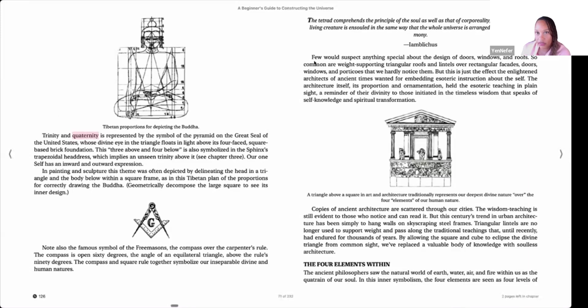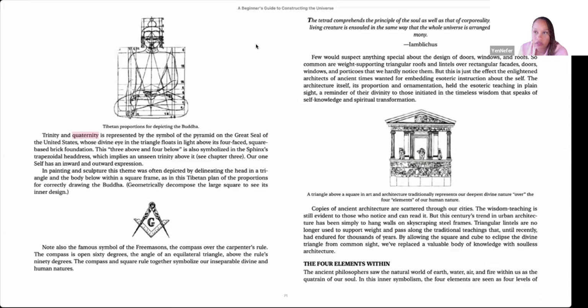Few would suspect anything special about the design of doors, windows, and roofs, so common are weight-supporting triangular roofs and lintels over rectangular facades, doors, windows, and porticos that we hardly notice them. But this is just the effect the enlightened architects of ancient times wanted for embedding esoteric instruction about the self.